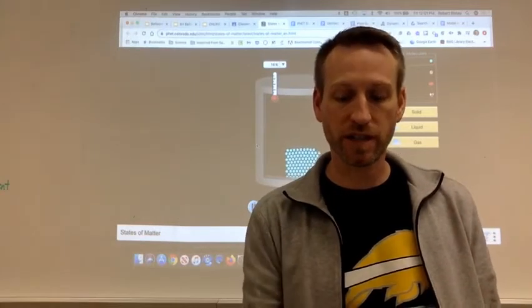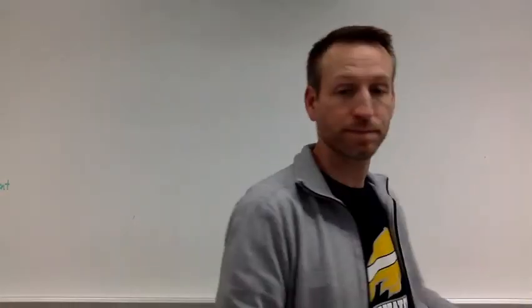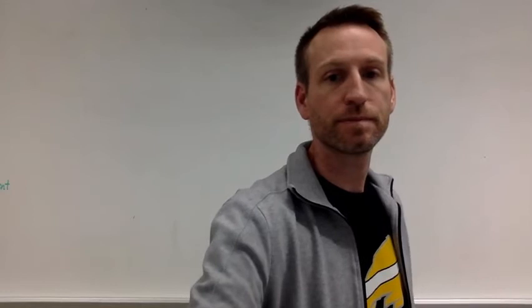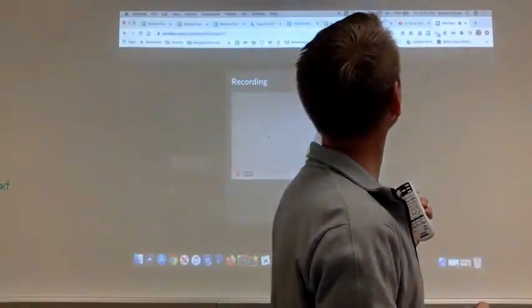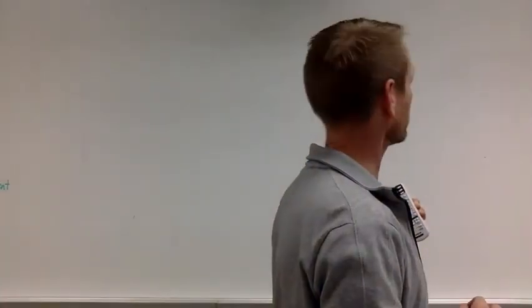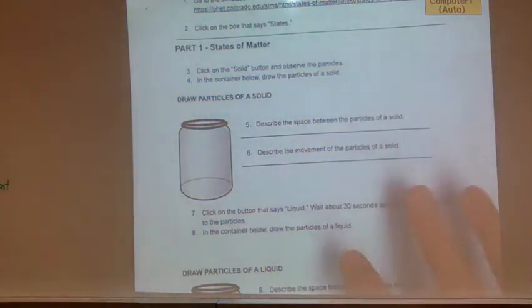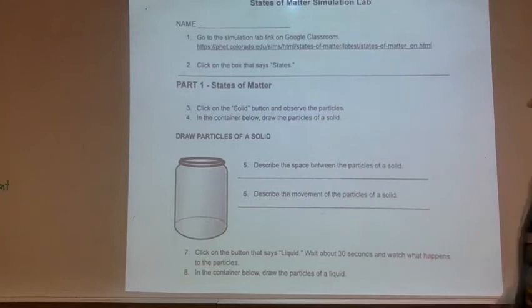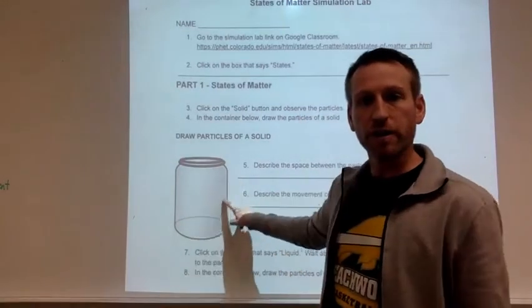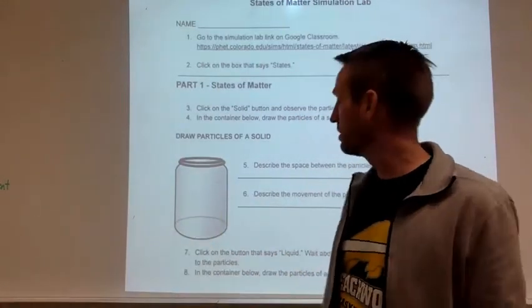So let's go ahead and take a look at your sheet here real quick. In the jar here is where you're going to draw in the particles.